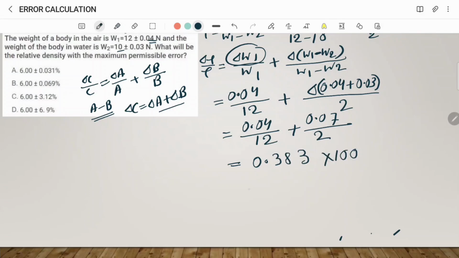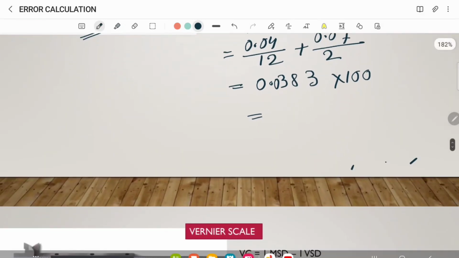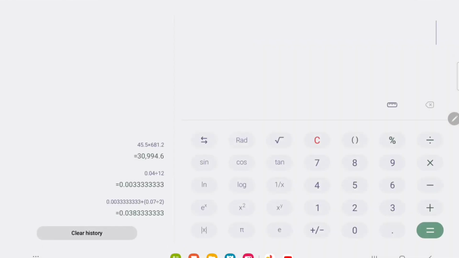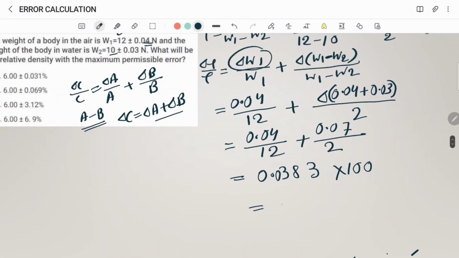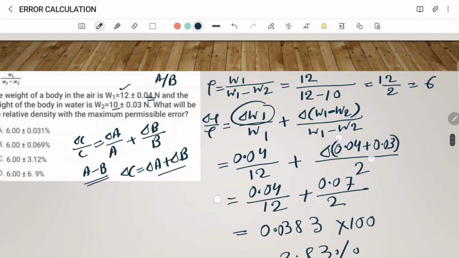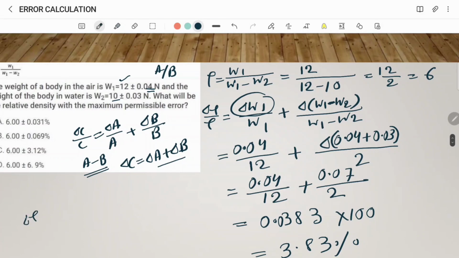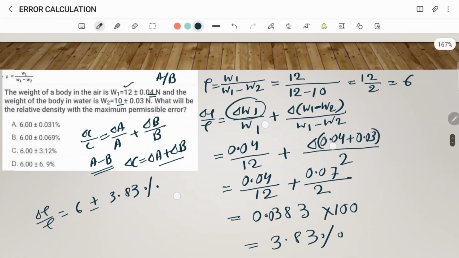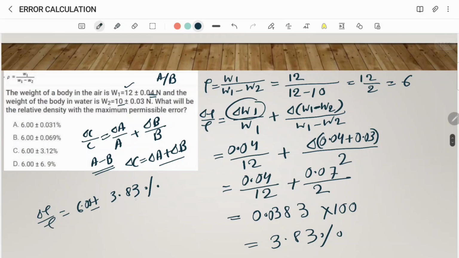If we multiply this by 100, it becomes 3.83%. So our rho will have a percentage error: 6 plus or minus 3.83%, and we will write 2 zeros after this because we are measuring up to 2 decimal points.